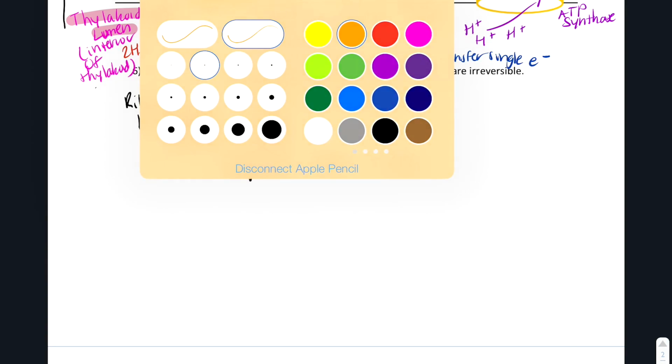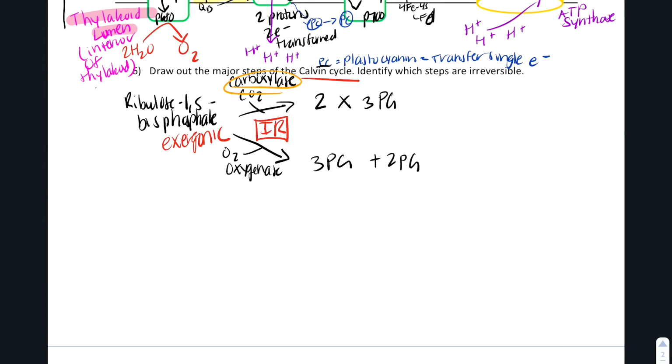Now this enzyme, the carboxylase enzyme, is actually the, I'll write it right here, the rate-limiting step of the cycle. And note that it is highly exergonic and irreversible.